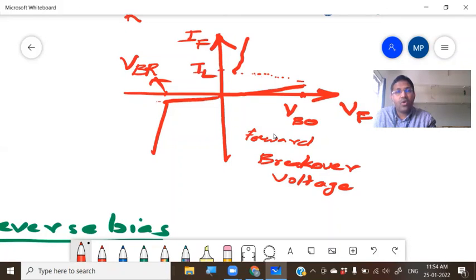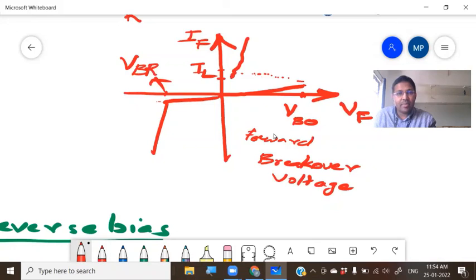And how to turn the device off? Suppose the forward current is here. Gradually reduce the forward current below IL, slightly below IL, then the device will become off.